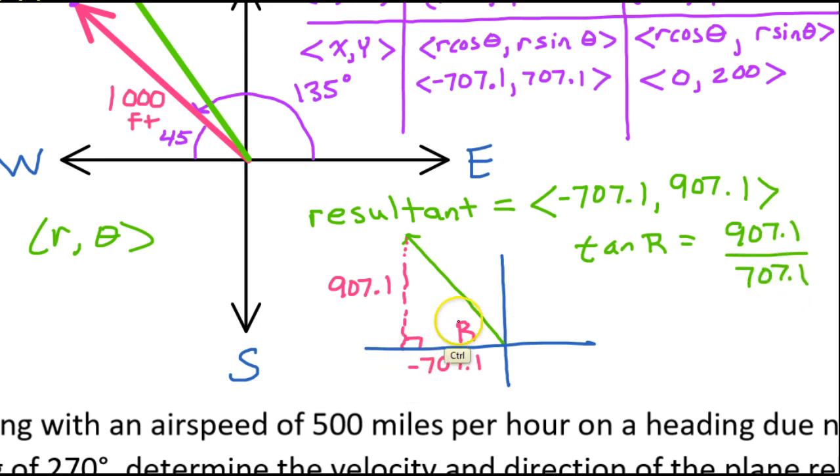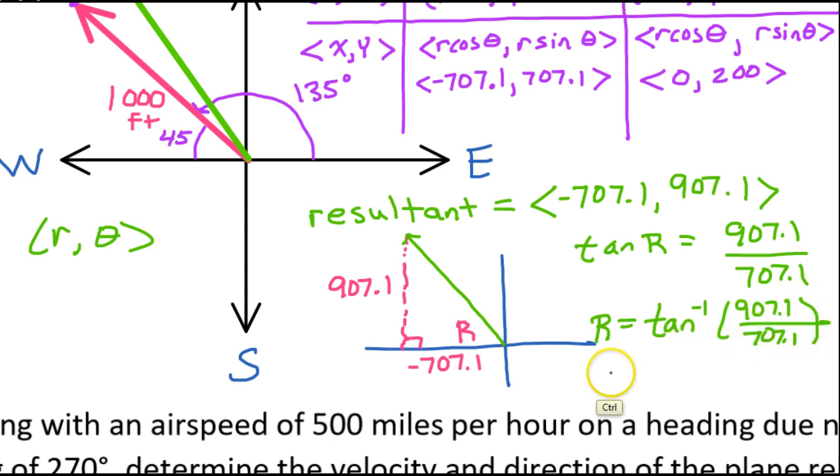I'm ignoring the negative sign because I just want the positive value of R. So in that case, the value of R will equal the inverse tangent of 907.1 over 707.1. Okay, and I'm just going to put that in my calculator and see what that is.